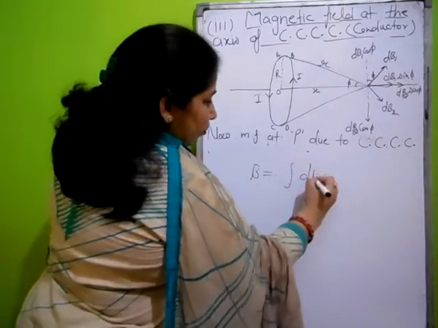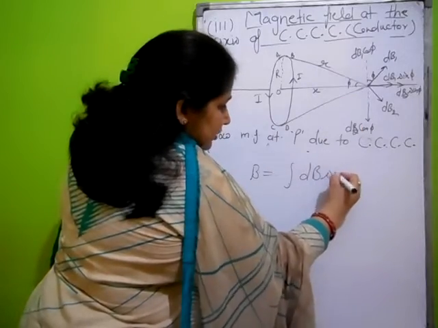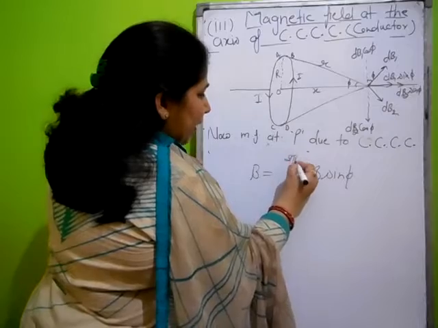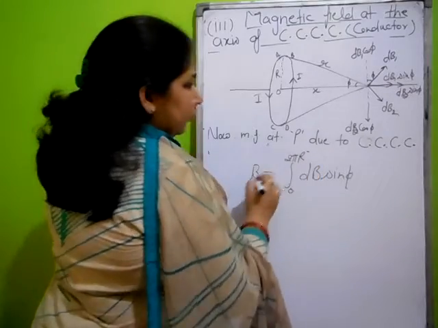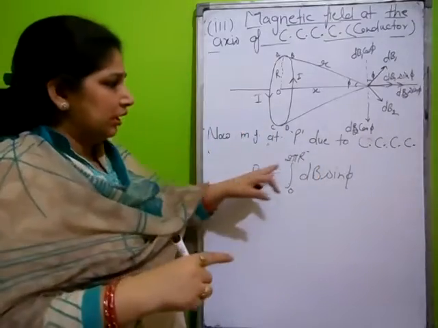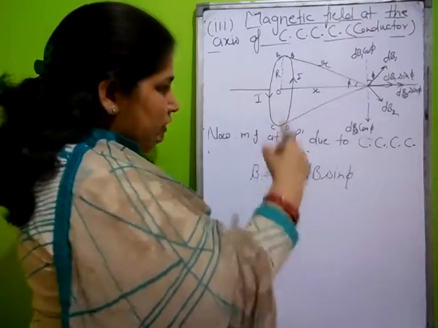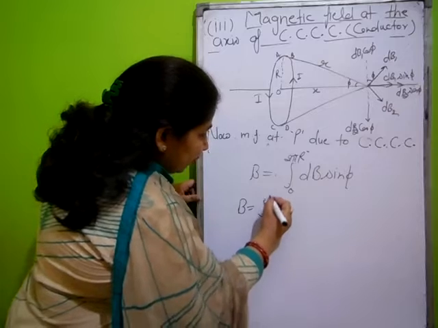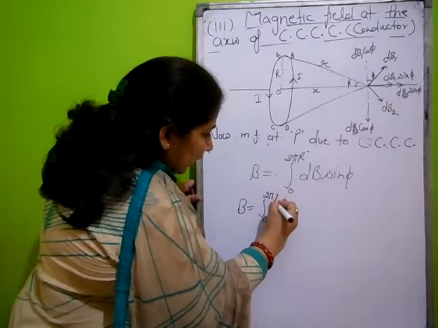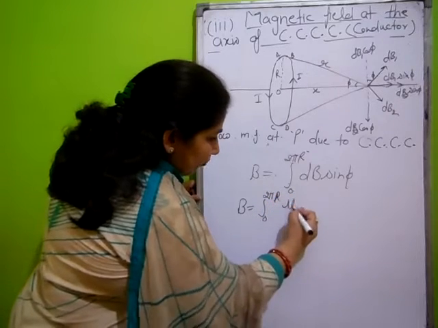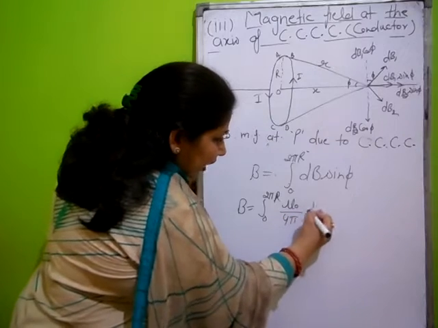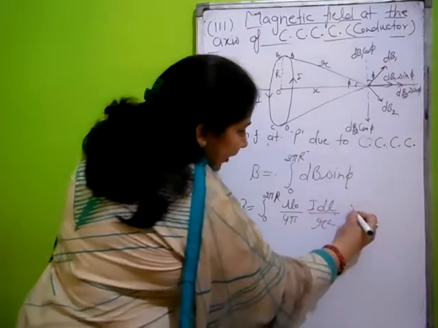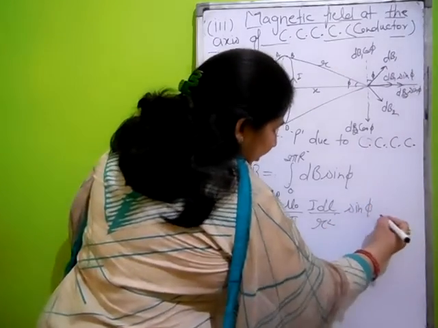B is equal to the integral of dB sin phi, with limits 0 to 2 pi r, where r is the radius of the coil. Put the value of dB: B is equal to the integral from 0 to 2 pi r of mu naught upon 4 pi, I dl upon r square, sin phi.